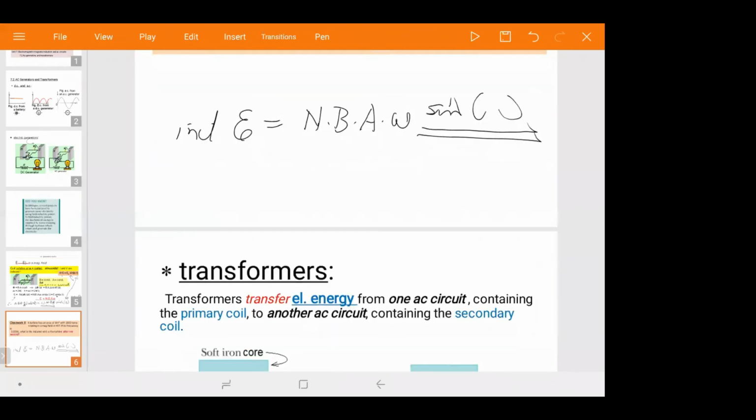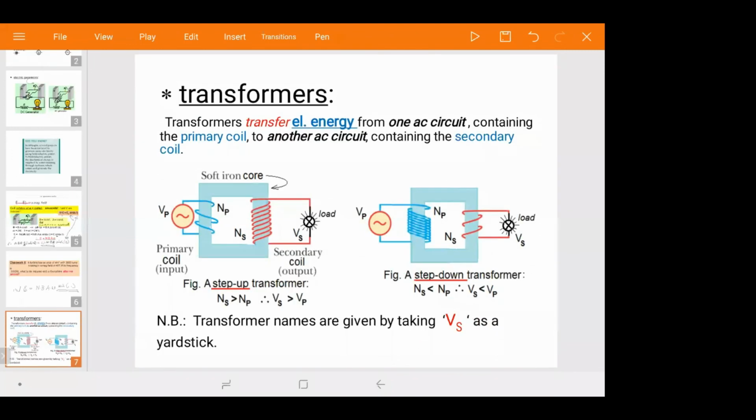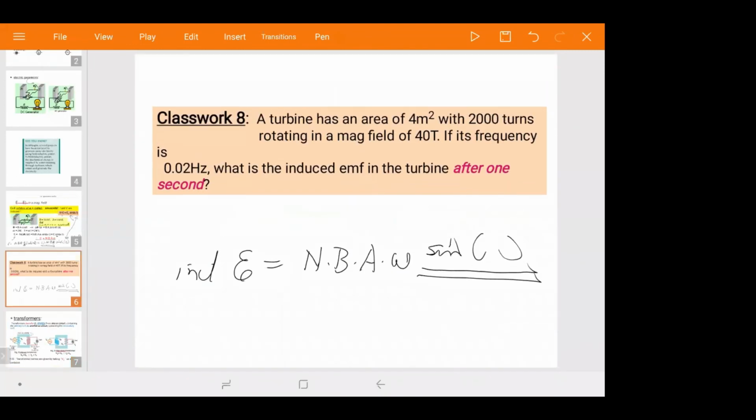Let me see if I have any more. Oh, okay. Let's go through this thing quickly. Still 10 minutes. Let me give you the chance to look at it. Do not forget the formula for peak voltage here. Before you look at the solution, try it yourself, substitute in here, and try to get the answer.